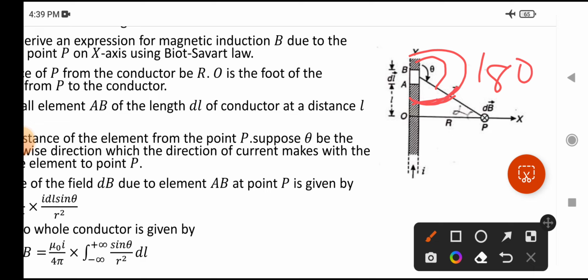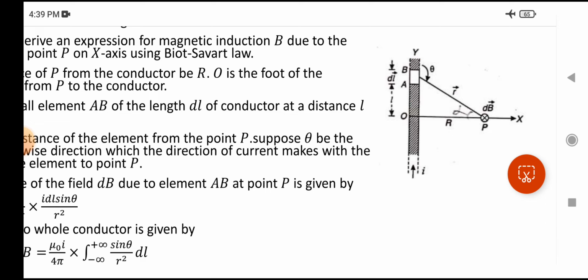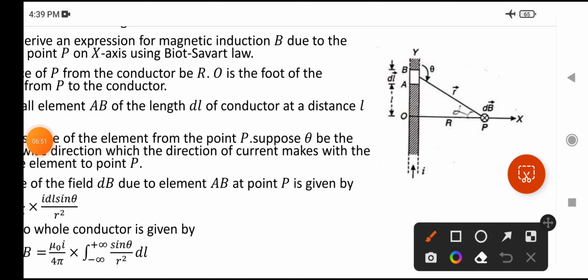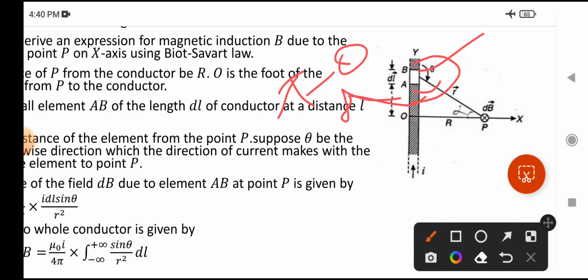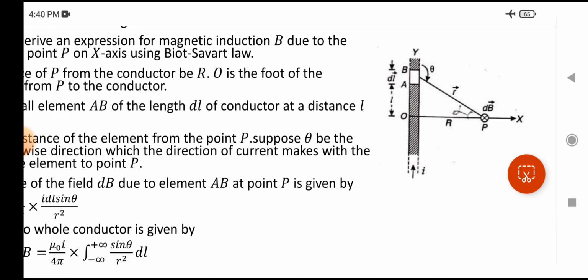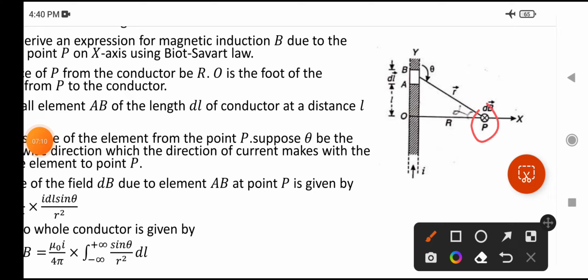To get only this angle, 180 minus theta gives that angle, which means pi minus theta. So we are considering the triangle POA.